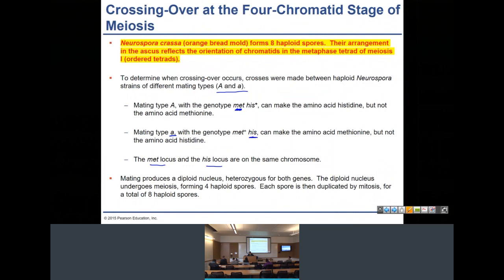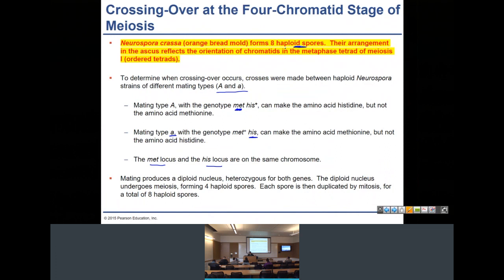Even though this bread mold is haploid, well, the spores are haploid. So for a short period of time, like you would see when DNA is replicated, they make a diploid nucleus from haploid.